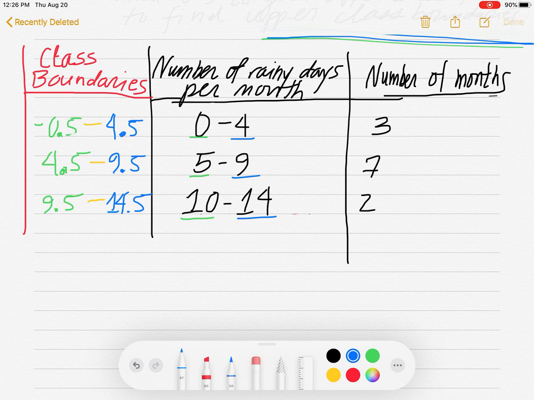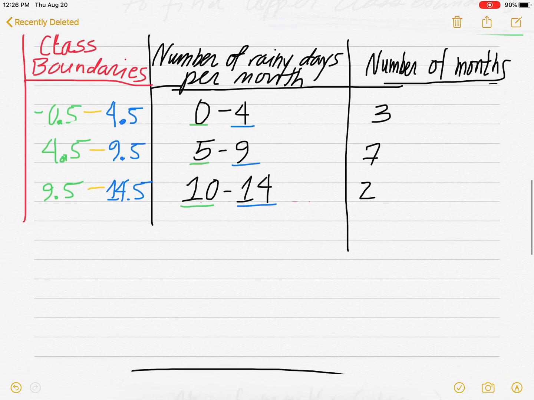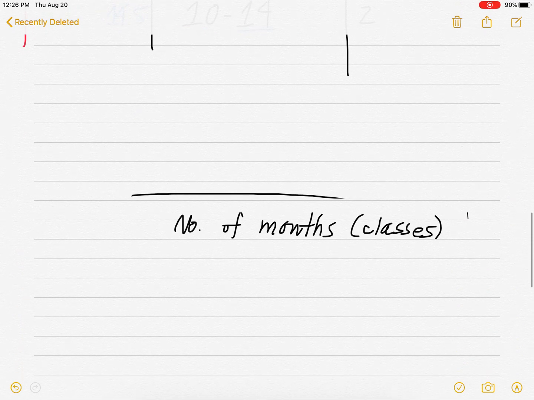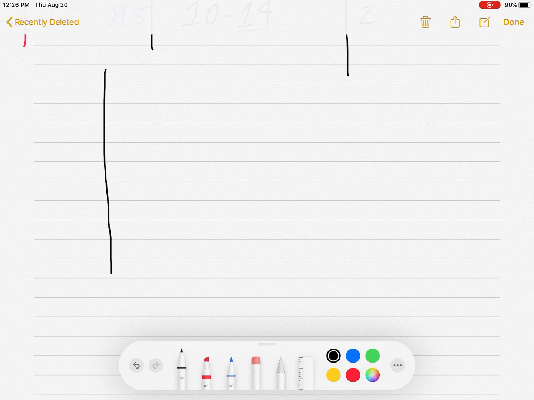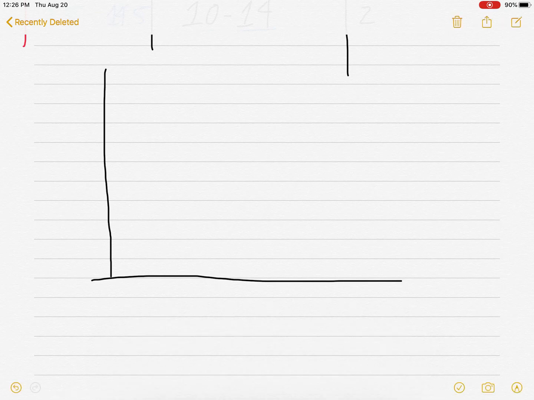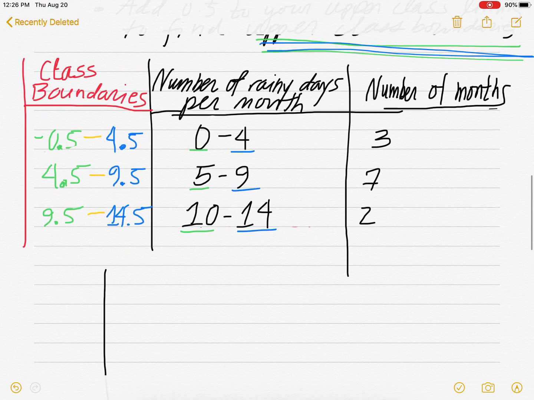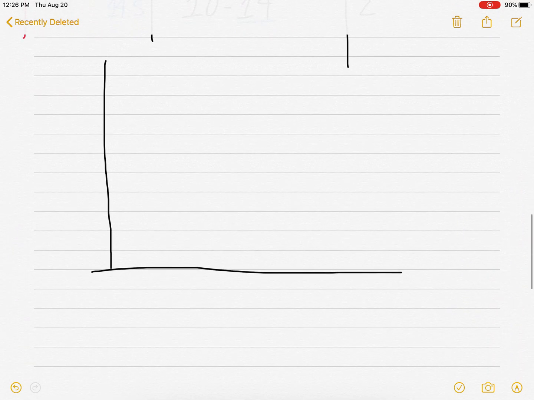Now, if you wanted to do a histogram using the boundaries, we could. So how could I do that? I could make a vertical axis as before, and a horizontal axis as before. On your horizontal axis, you're going to put your class boundaries, which are number of rainy days per month.